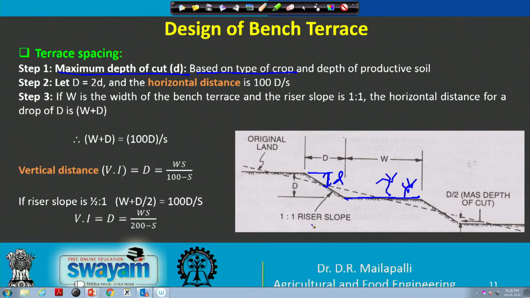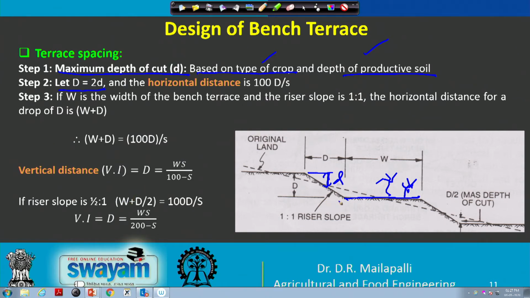So the depth will be decided based on the type of crop and the depth of productive soil. Based on these two parameters we decide the maximum depth of cut, and d will be the effective depth.